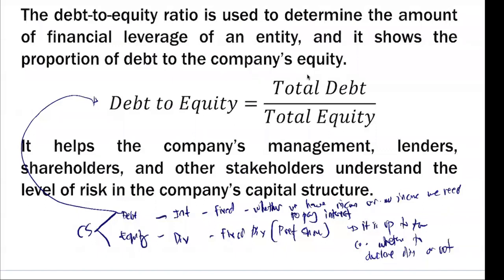So see the difference. The risk is more on the debt. That's why the use of this ratio is more on financial leverage, because if we employ more debt, it means it is risky. Why? Because the company must pay, whether or not the company is earning.